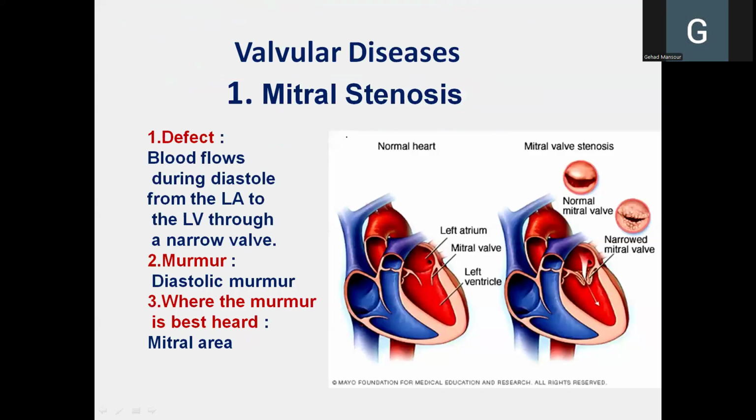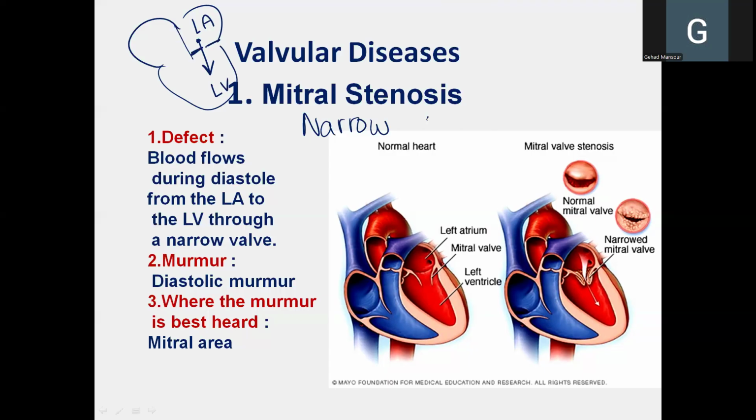In valvular diseases, it's very important to know the characteristics of every condition. In mitral stenosis, we have a narrow mitral valve, so we will have difficulty of flow of blood during diastole from the left atrium to the left ventricle.